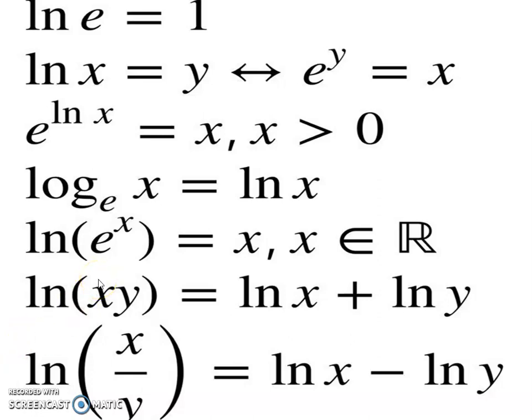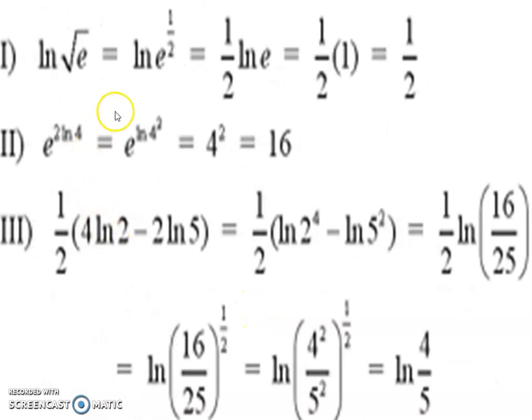Always remember one thing: the word log is used for base 10 or any other number, and ln is used only for base e. So we take some examples based on ln, the function with base e.